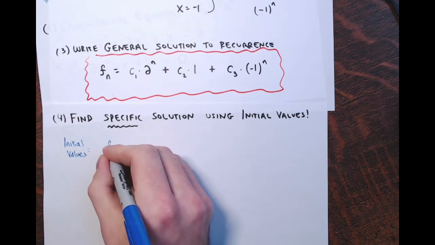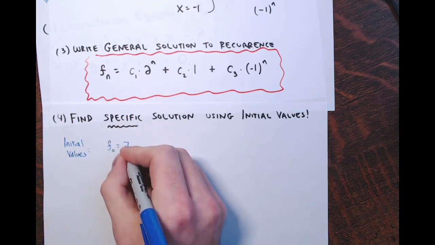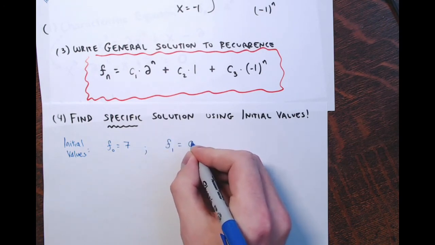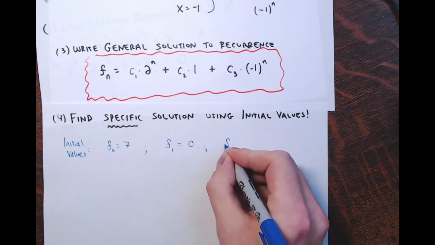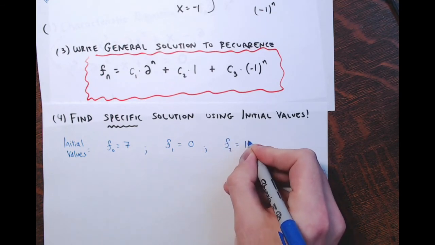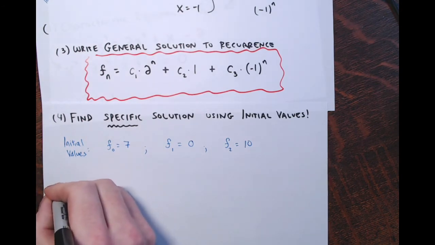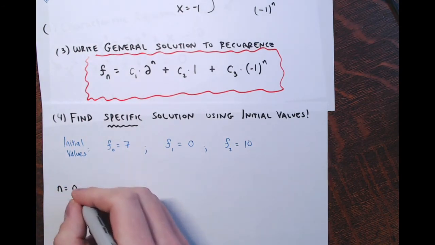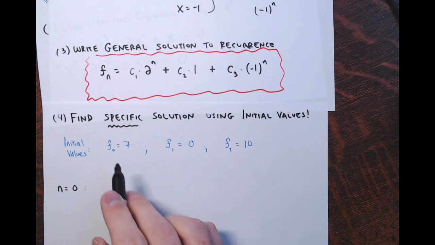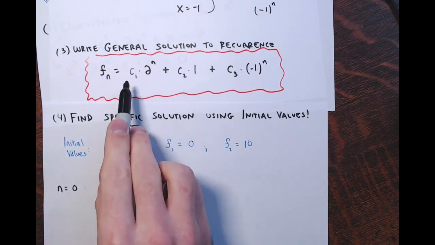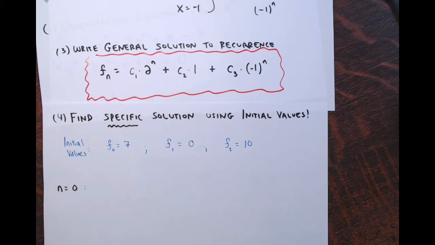Remember they said that F0 was 7, F1 was 0, and F2 was 10. So when n equals 0, basically each one of these is going to give me an equation involving C1, C2, and C3, and then I solve that system of equations.